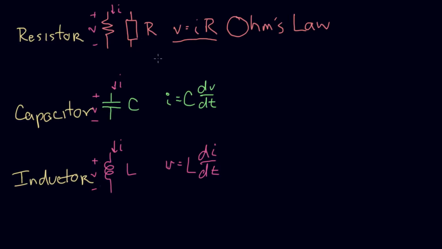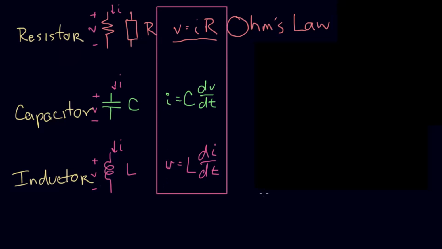So this gives us our three equations. Here they are. These are our three element equations, and we're going to use these all the time. One final point I want to make is that these are ideal components.